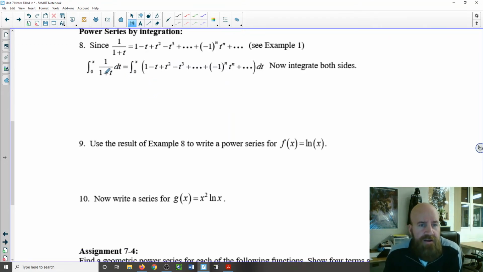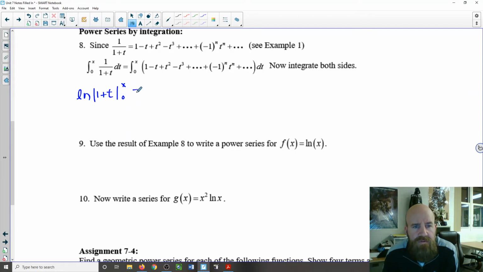So now if we integrate both sides, we know what 1 over 1 plus t is. That is natural log of 1 plus t, evaluated from 0 to x.